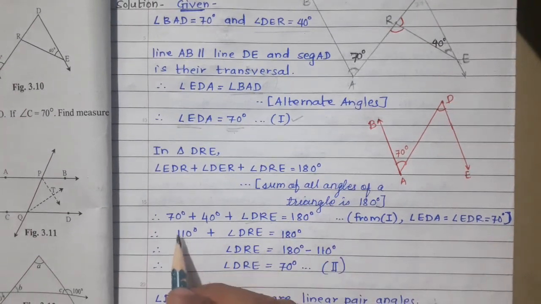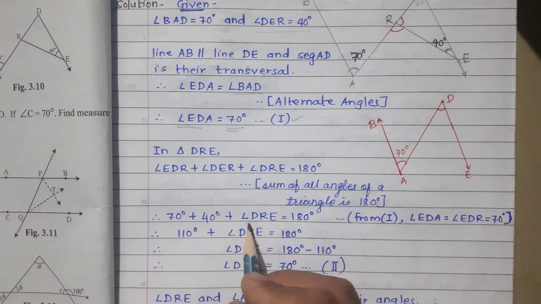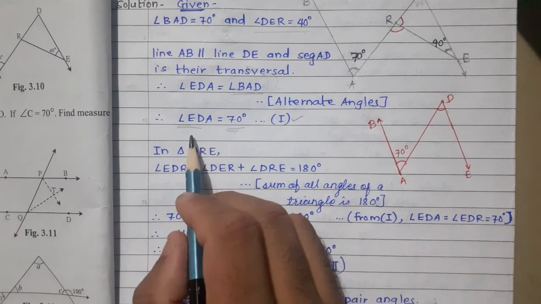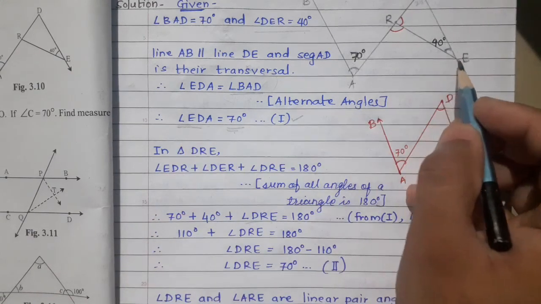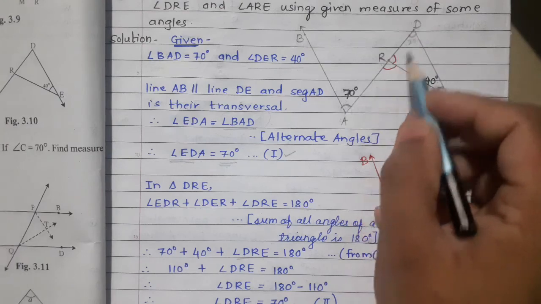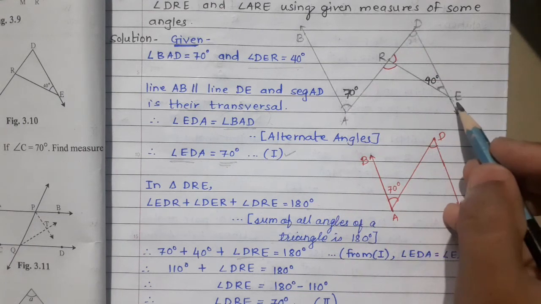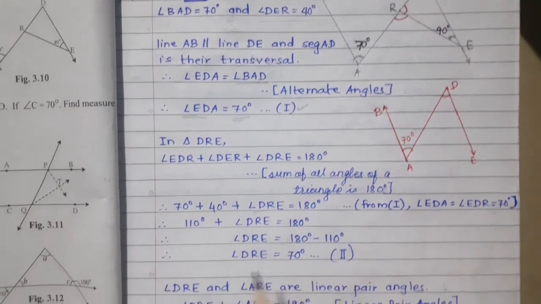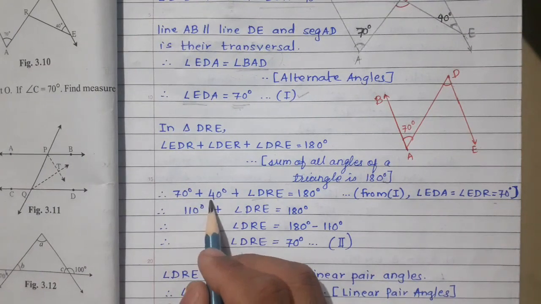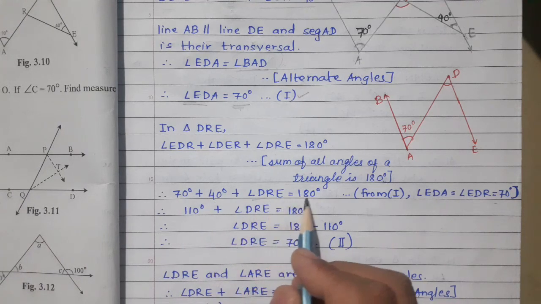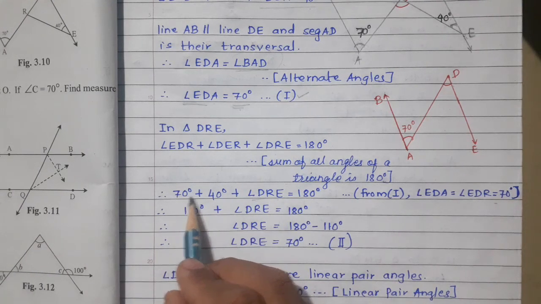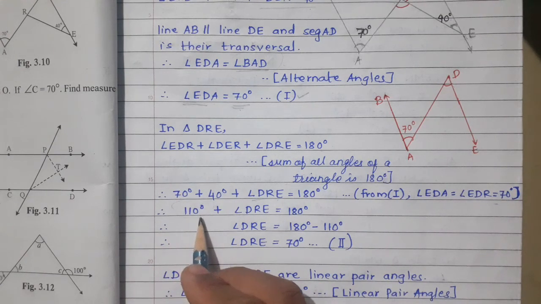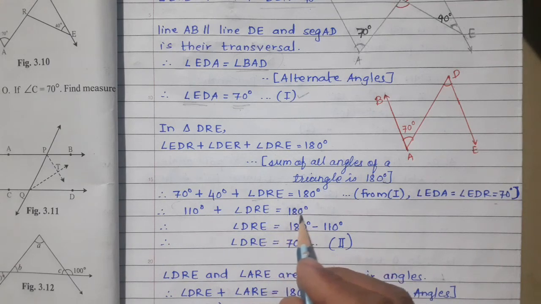So we have 70 degrees plus 40 degrees plus angle DRE is equal to 180 degrees. From equation 1, angle EDA is equal to EDR is equal to 70 degrees. 70 plus 40 is 110. Therefore 110 degrees plus angle DRE is equal to 180 degrees.